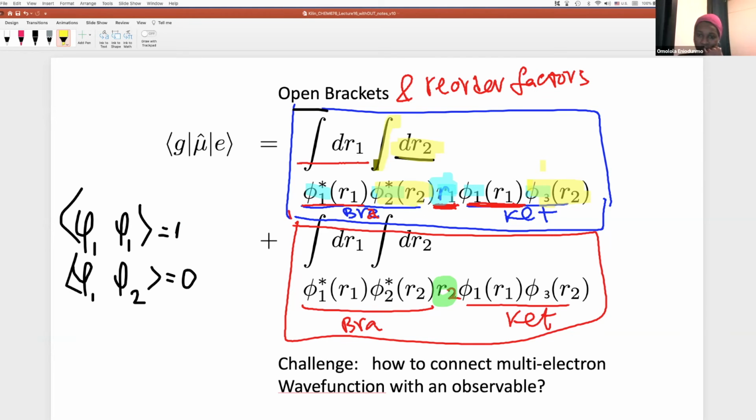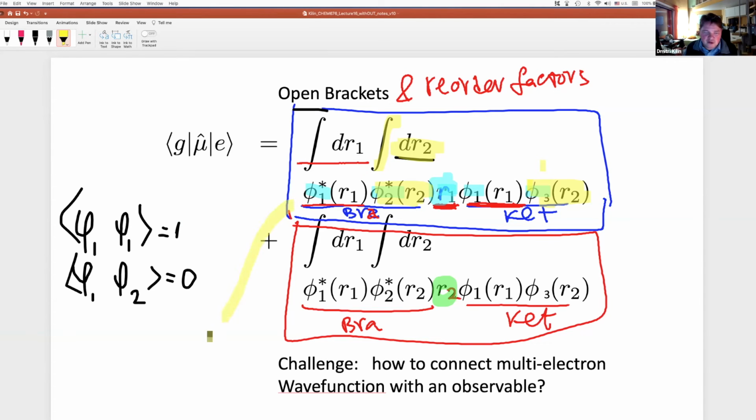So I can take the yellow part out of the bracket because integration over R2 and integration over R1 are independent. Those are independent variables, right?